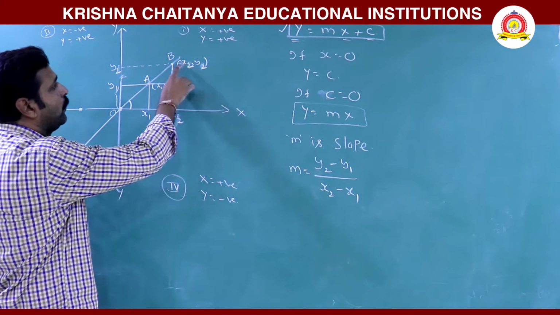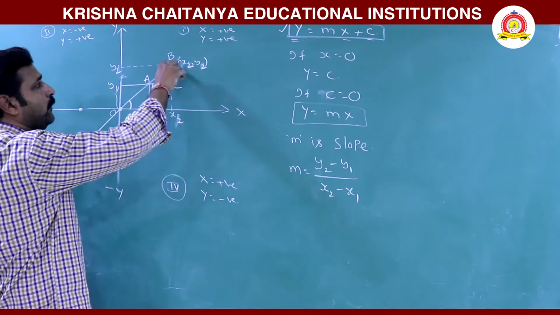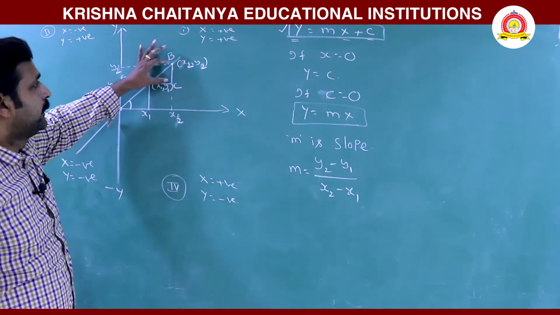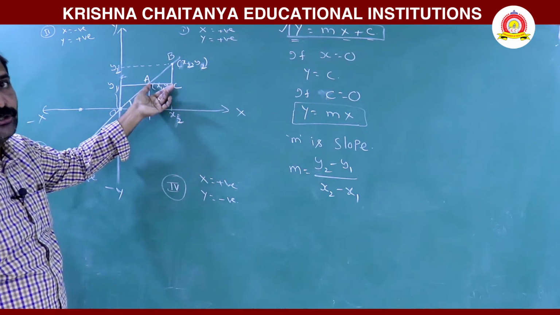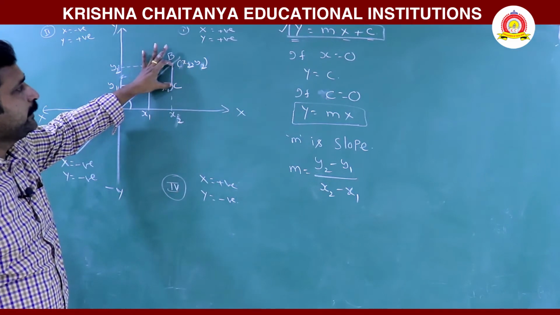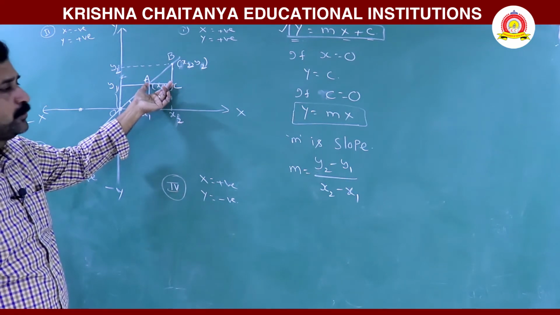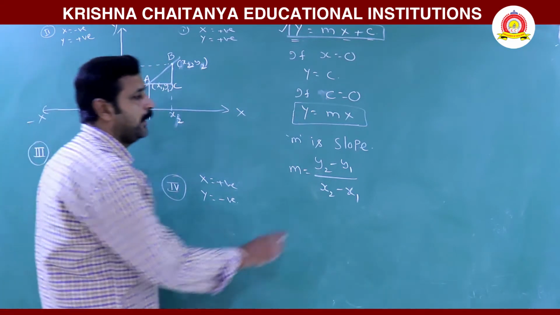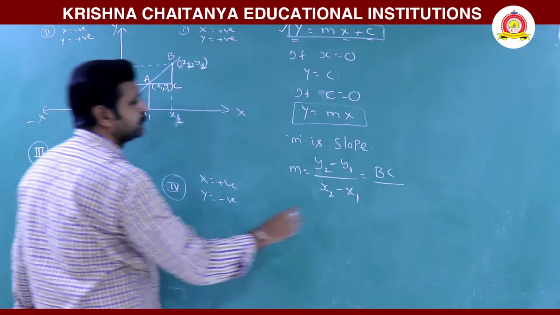Slope is y2 minus y1 by x2 minus x1, which means the ratio of the difference between y coordinates and the difference between x coordinates gives the slope. So y2 minus y1 is here BC, and x2 minus x1 is AC.